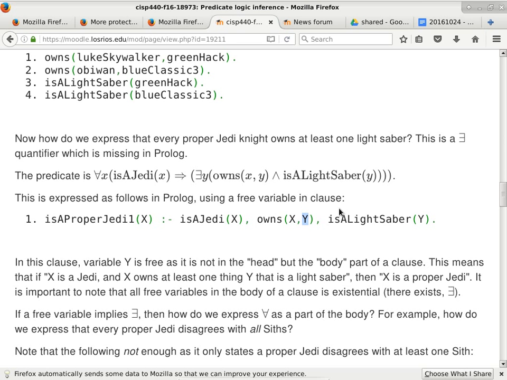Yep, go ahead. I was just going to ask if that's what translates into the mathematical version up there, where you've got "for all X"? No, it's not exactly the same, because it's a proper Jedi in the predicate in the mathematical version. What I state here, as expressed in Prolog, is actually wrong because I forgot to update the other one.